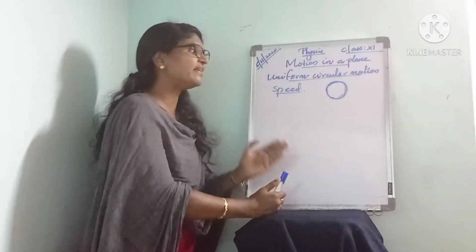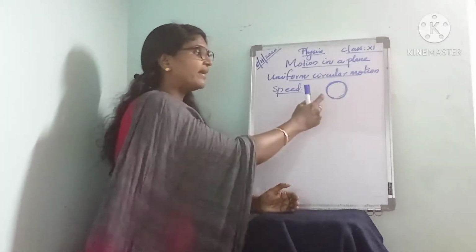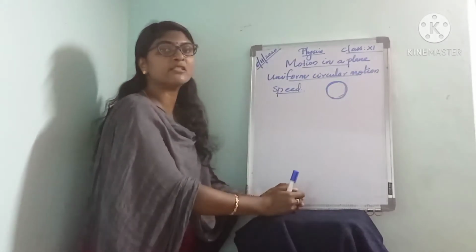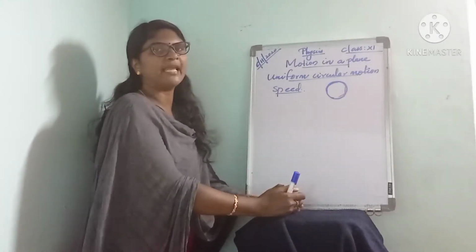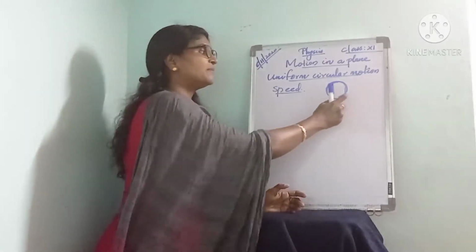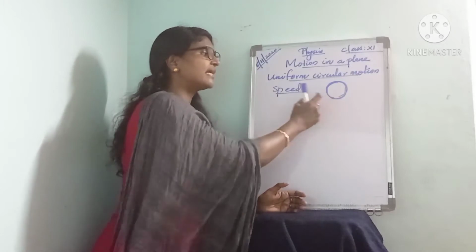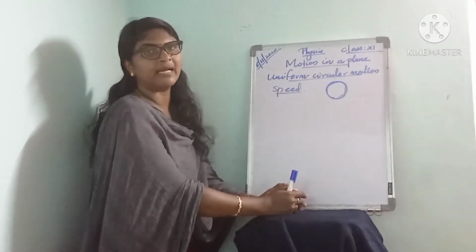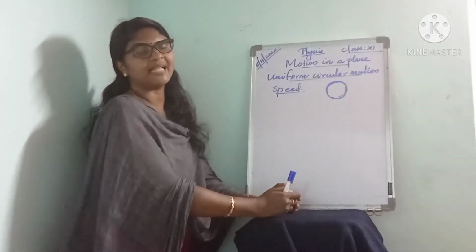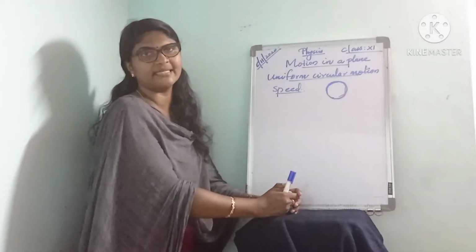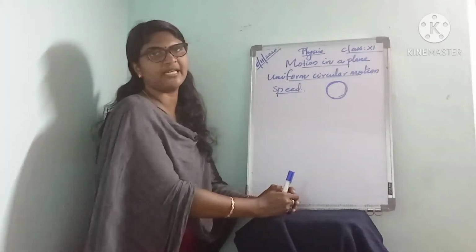This means that when an object moves in a circular path, it covers equal distances in equal intervals of time along the circumference of the circle. That is why the speed remains constant, and that type of motion is called uniform circular motion.